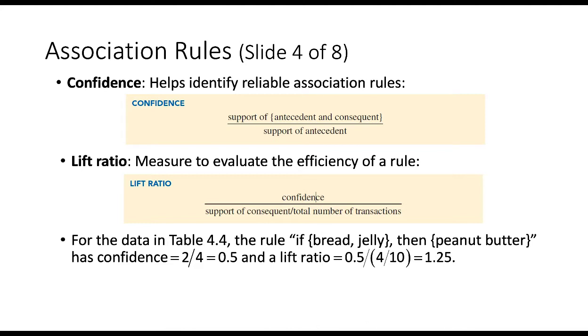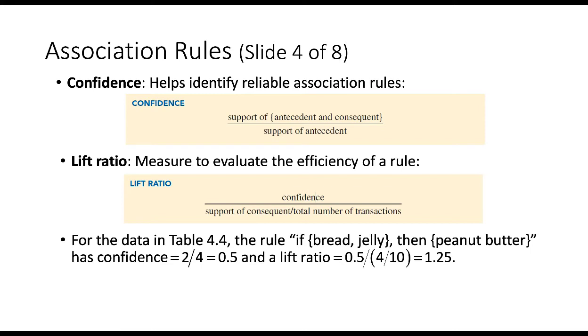So for the grocery shopping data in the previous table, the rule if bread and jelly then peanut butter has a confidence of 2 out of 4, which equals 0.5 or 50%, and a lift ratio of 0.5 divided by 4 out of 10, which equals 1.25.